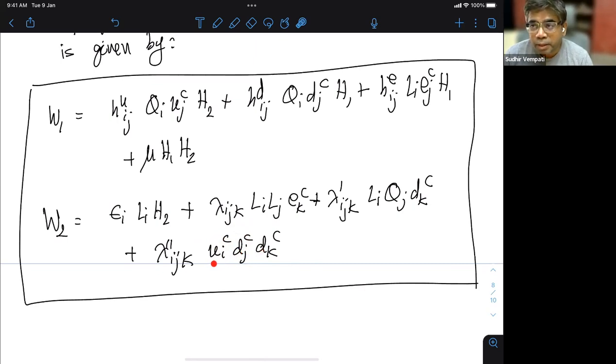Out of three triplets, you can form an SU(3) singlet. The color charge gets contracted correctly, so this term is a gauge invariant quantity, which is called a baryon number violating term.